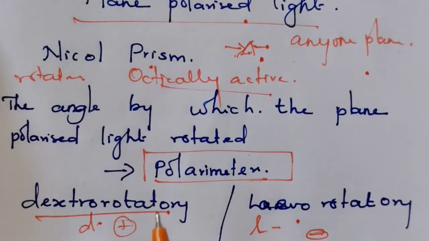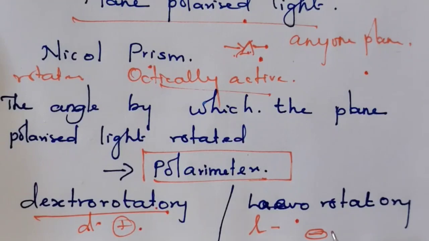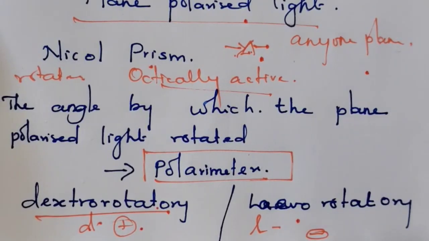So those substances which rotate the plane polarized light in the clockwise direction are called dextrorotatory, or D form, or plus form. Those substances which rotate the plane polarized light in the anti-clockwise direction are called L isomer, or L form, and also the minus form.